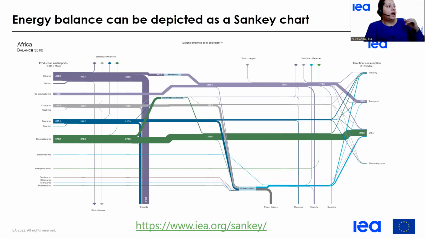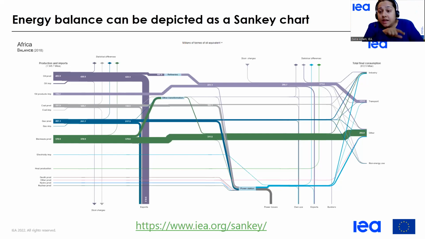Then you can see how, for biofuels and waste, some of it is used in other transformation to produce, for example, charcoal, and the rest is used in the other sector. On your right, you can see the total final consumption sectors: industry, transport, other, non-energy use. And if you go on the IEA website, you have the link here on the screen.